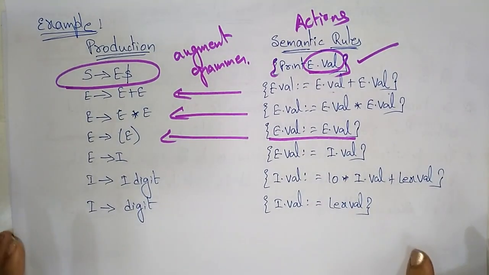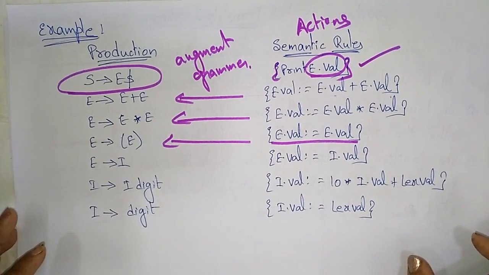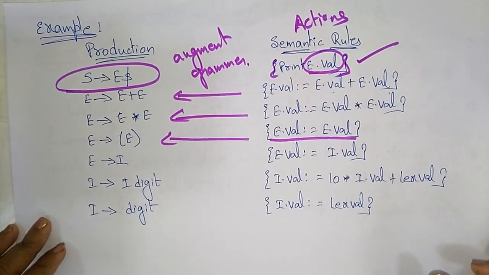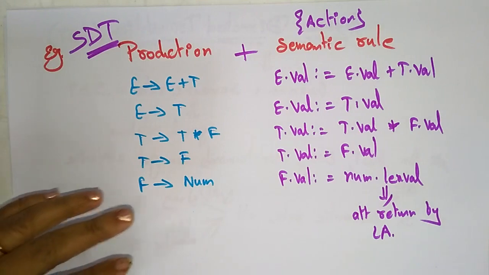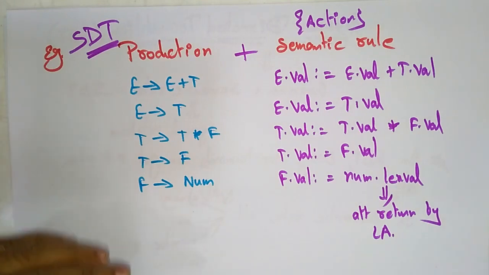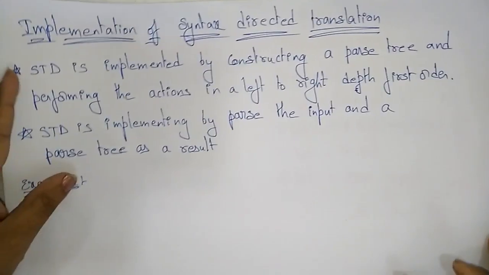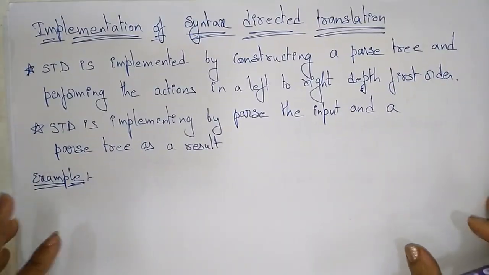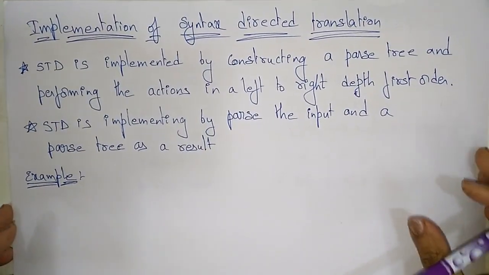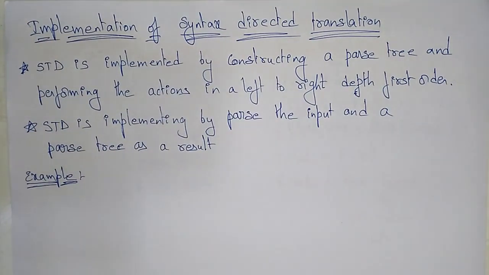So this is about the syntax directed translation schema. Now let's see the implementation of syntax directed translation. Let's see how we are going to implement it: based on the grammar we are taking, adding the semantic rules for that grammar and implementing the syntax tree.